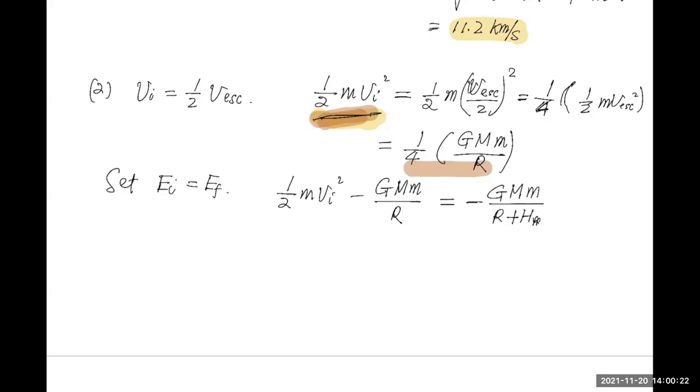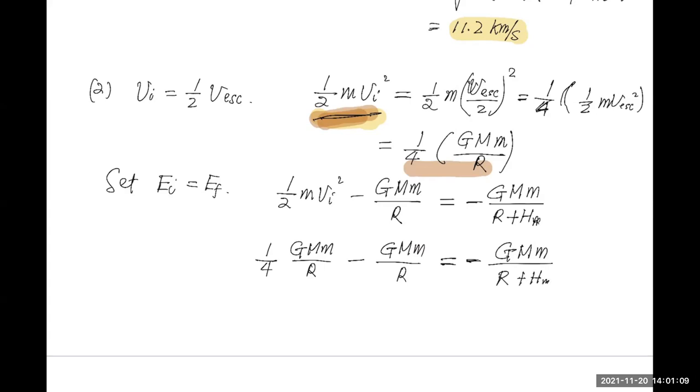So I can now write 1/4 of GMm over R minus GMm over R equals negative GMm over R plus h maximum.